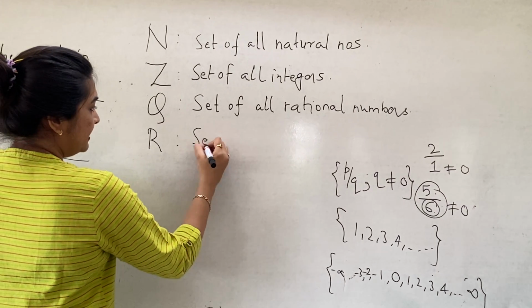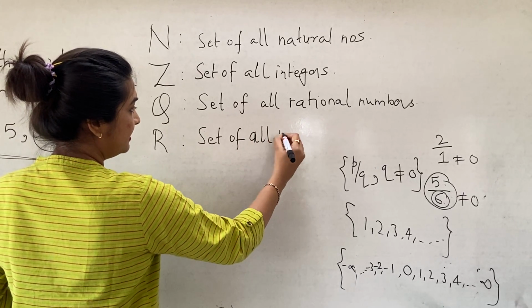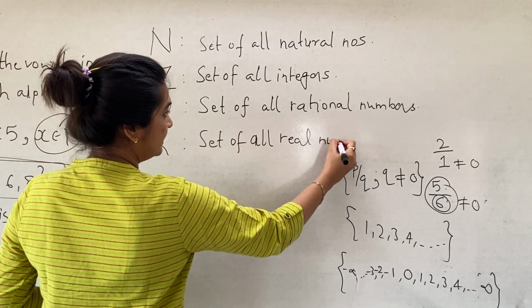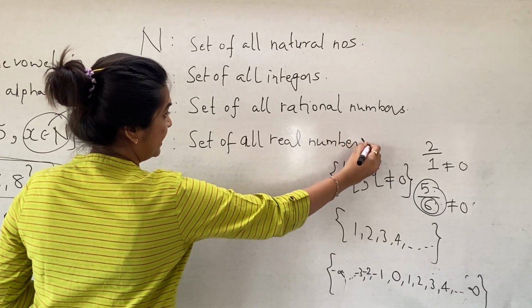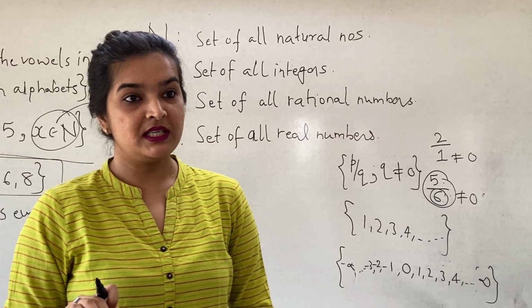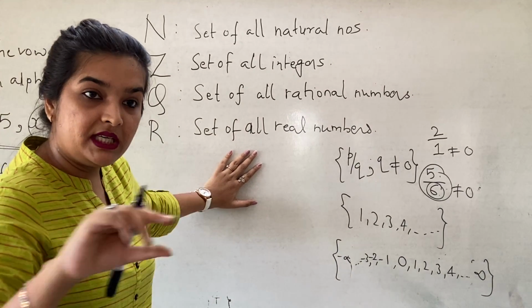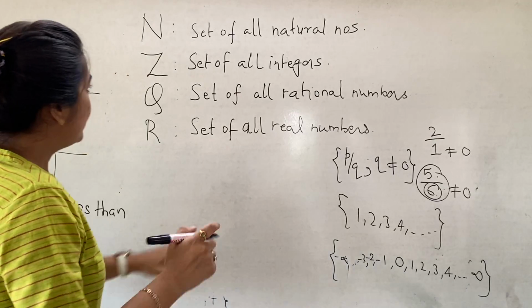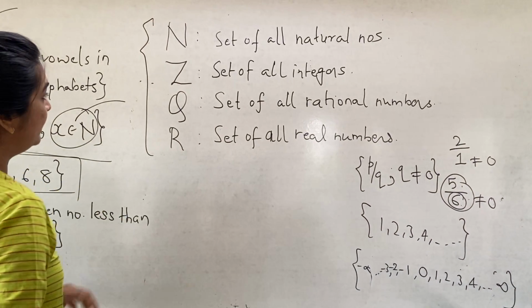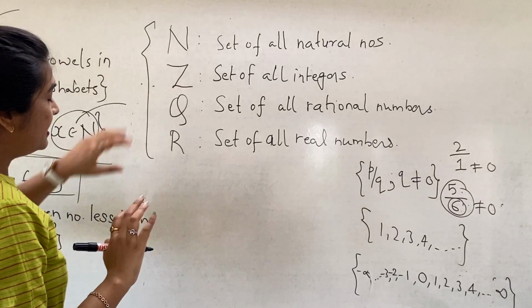That is nothing but the set of all real numbers, denoted by R. Real numbers are the numbers which we denote on the real line. So these are the special letters that we have reserved for the sets.